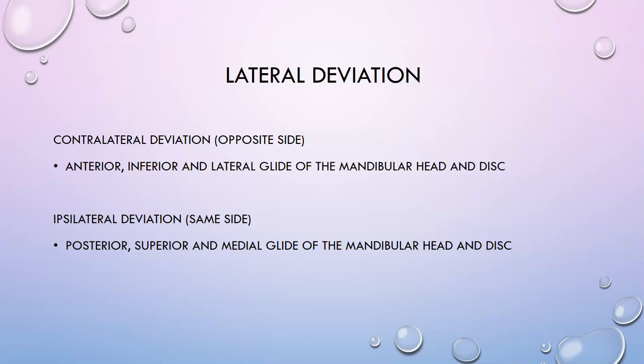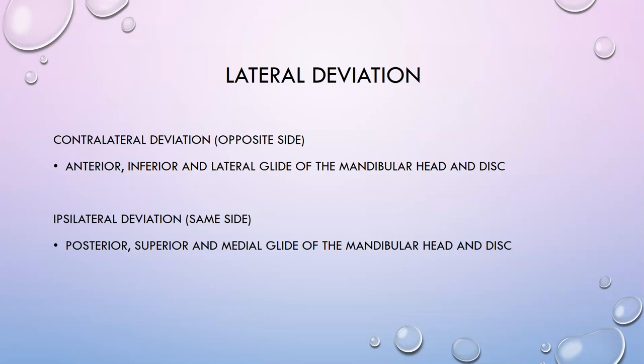So what happens when there's lateral deviation? Well, the jaw moves anterior, inferior, and lateral in a glide of the mandibular head and the disc. So we are talking about the mandible here that's doing the movement, which is the lower bone of the jaw. I'll repeat. The mandible moves anterior, inferior, and there's a lateral glide of the mandibular head and the disc.